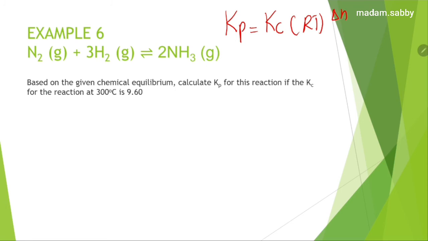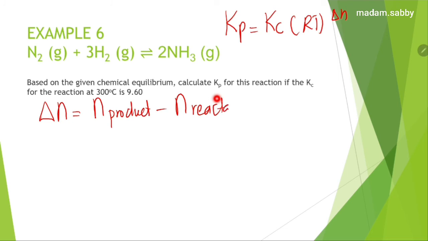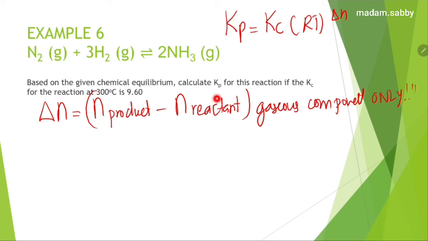First we need to find out what my delta N is. Delta N is the number of moles of gas components in the product minus the number of moles of my reactants, gas components only.